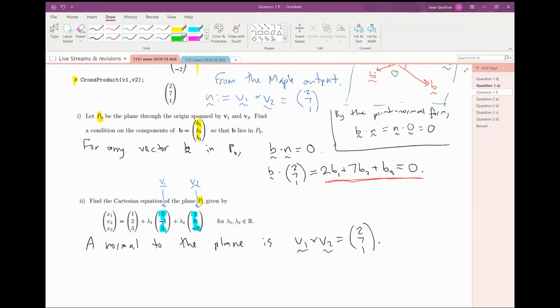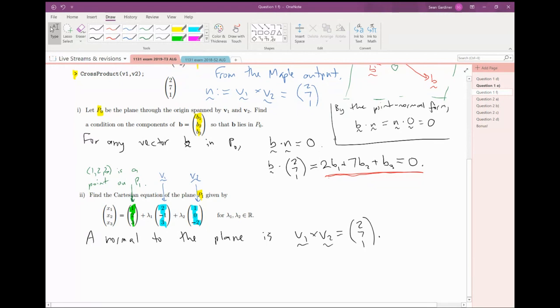Well, there's one given to us in the vector parametric form. This vector here tells me that 1, 2, 3 is a point on the plane P1. So those are the two things I need: a normal to the plane and a point on the plane. And so I can just substitute into my point normal form.